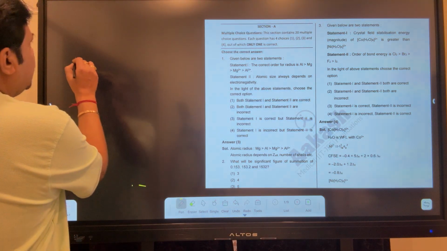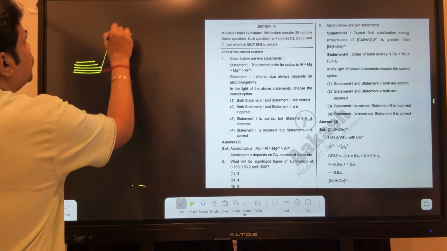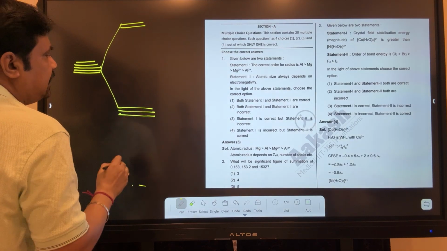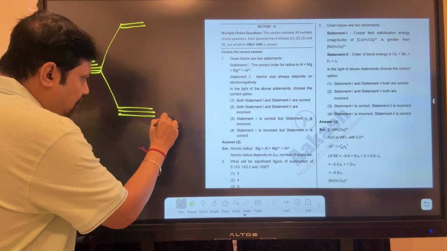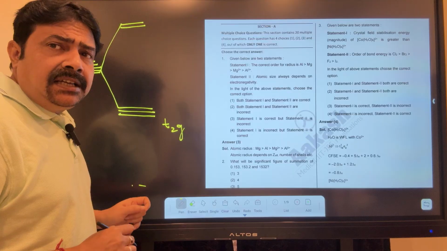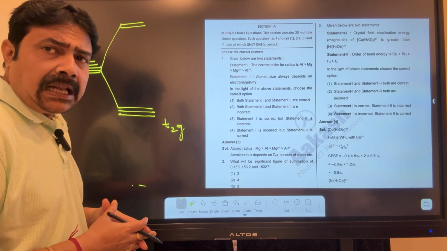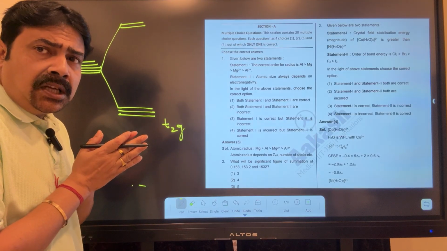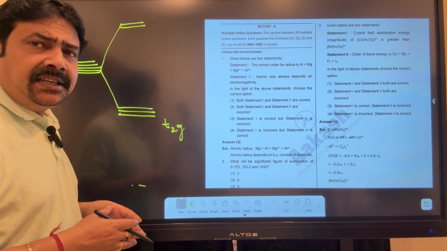Now the five d orbitals in an octahedral complex split into these levels. The dxy, dxz and dyz together we call T2g, and this is your dx2-y2 and dz2. Because in an octahedral field the ligand approaches along the axis, the orbitals along the axis suffer more interaction with the ligand and their energy increases.